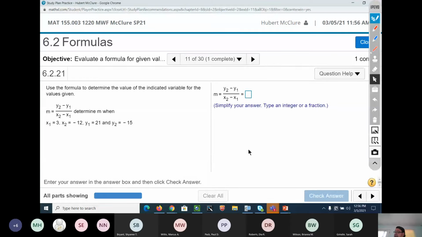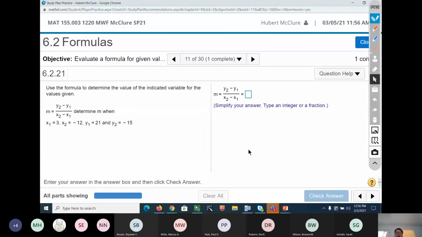And X sub 1 is 3. So M is equal to 15 minus 21 is negative 6. And negative 12 minus 3 is negative 15.